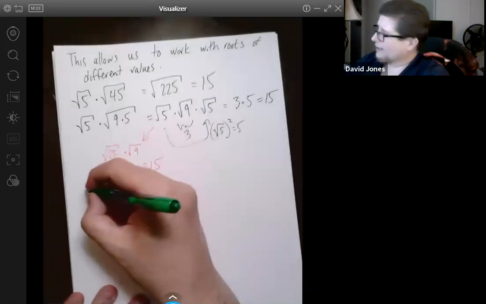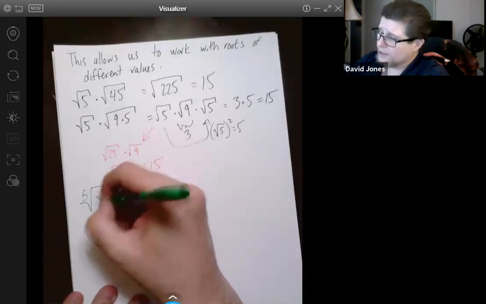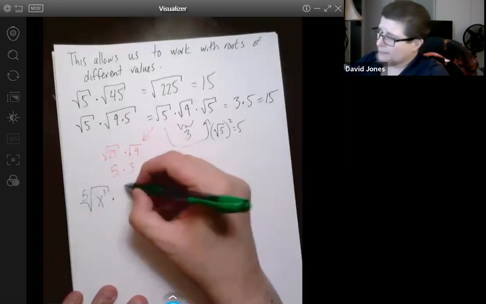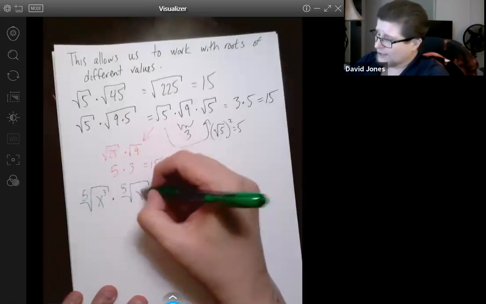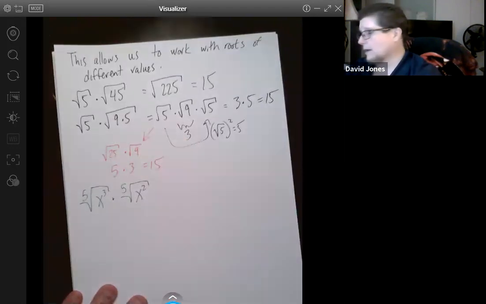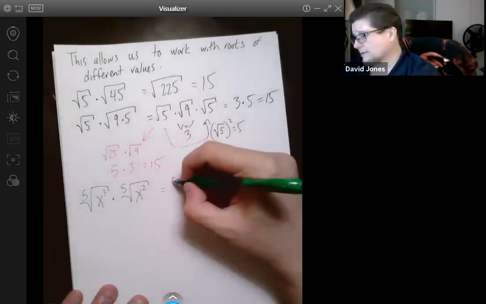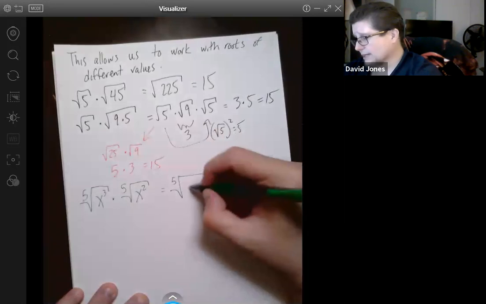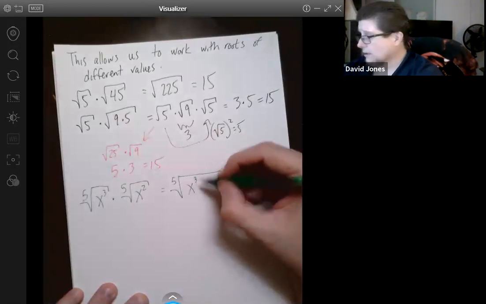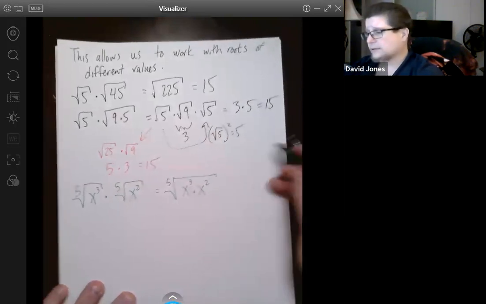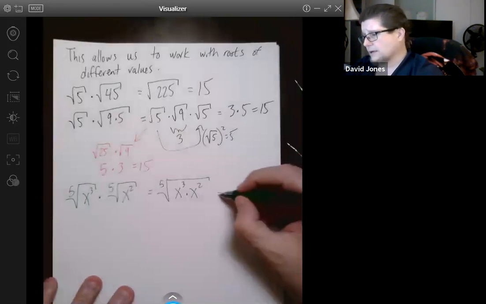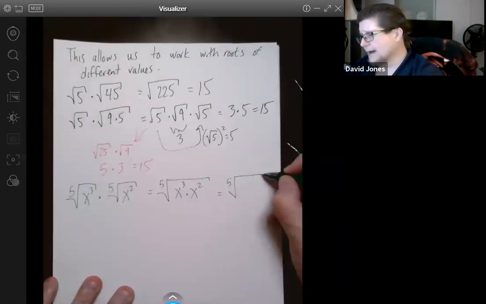So if we have like the 5th root of x cubed, and we multiply it by the 5th root of x to the 5th, or x squared, well, that means I can put those together. And we know that means we can add the 3 and the 2.